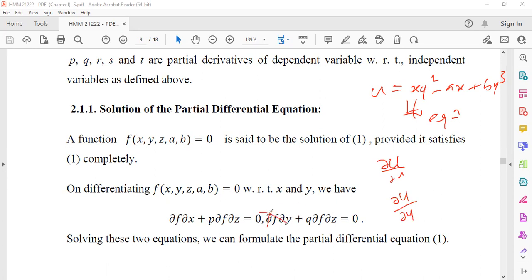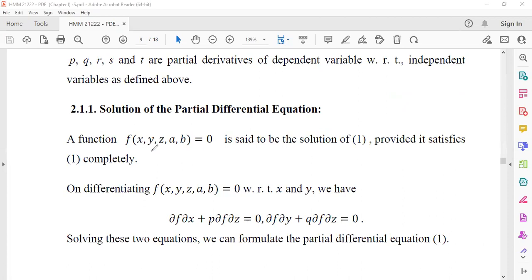Sorry, this has been changed. I'll write again. What they are saying is that this function is a solution of equation 1 provided it is satisfied completely. On differentiating this equal to 0 with respect to x and y, what do we have? F is this one, this is my function.